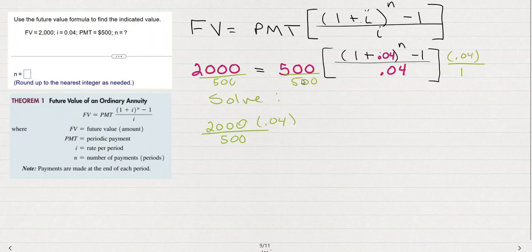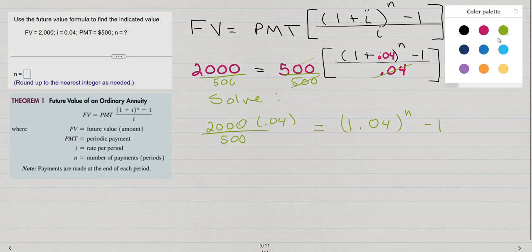Do you see why I'm doing that? If I divide by 500, I would eliminate this 500. By multiplying by 4/100ths, I'd eliminate this. And so what we've got left is 1 plus 4/100ths to the n, minus 1.